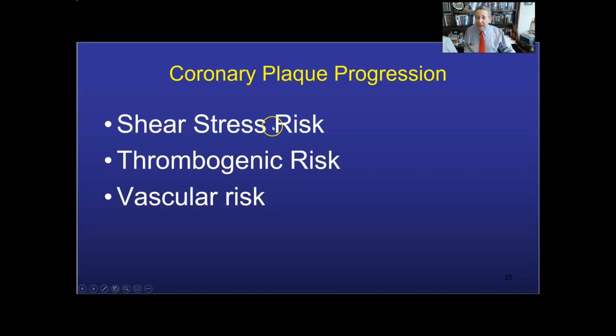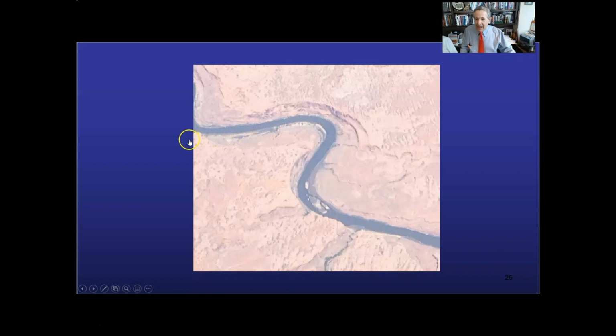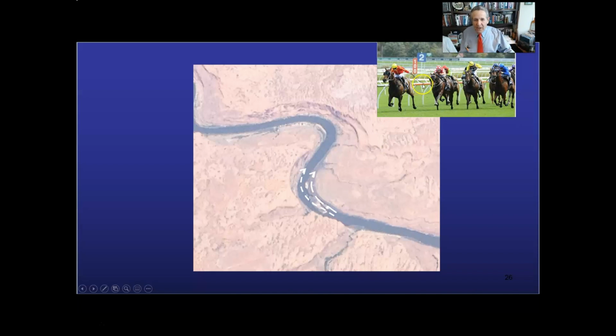Now, coronary plaque progression depends on many factors. One important one is the shear stress risk, and we'll look at that first. This is the Colorado River, and here's the water flowing. When it's on the inside, it flows slower than the water on the outside. It's just like with horse racing. If you hug the rail, the poor horse on the outside has to run that much faster to keep up.